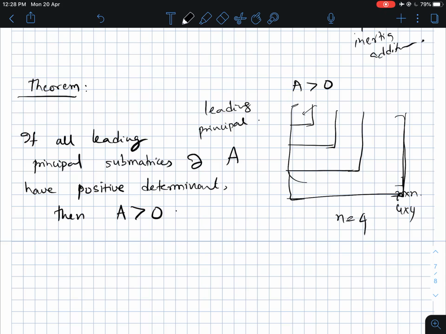If all the leading principal submatrices of A have the positive determinant, then A is positive definite. This is called the Sylvester's criterion for positive definite matrices. Sylvester's has popped up at least 2 or 3 times in this lecture, I think. The Sylvester's criterion for positive definite matrices.